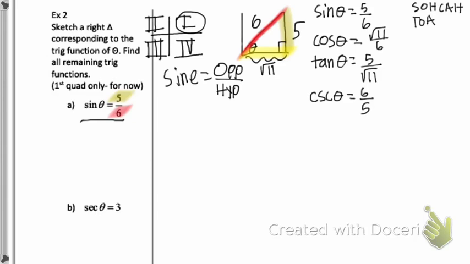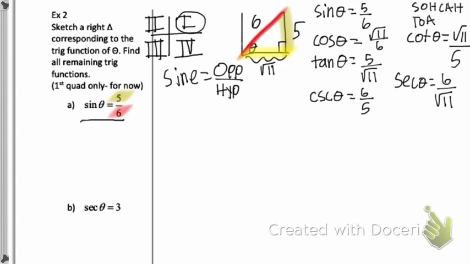Now cotangent of theta: since tangent of theta equals 5 over square root of 11, cotangent of theta will equal square root of 11 over 5. And then secant of theta will be the reciprocal of cosine of theta, which will be 6 over square root of 11. So that's how you do the first example.